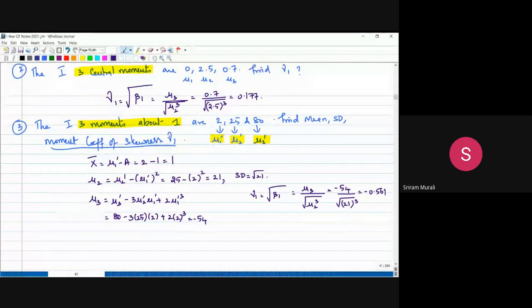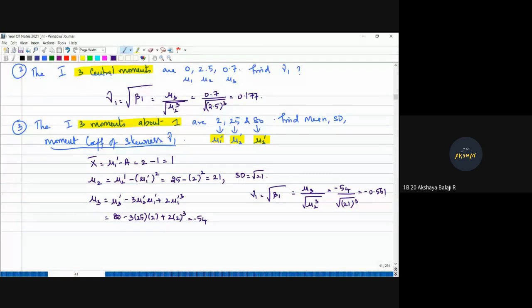Sir, is the formula the same for gamma 1 for both? Central moments. Irrespective of this, gamma 1 will be the same. Sir, central moment deviation, sir. What deviation?